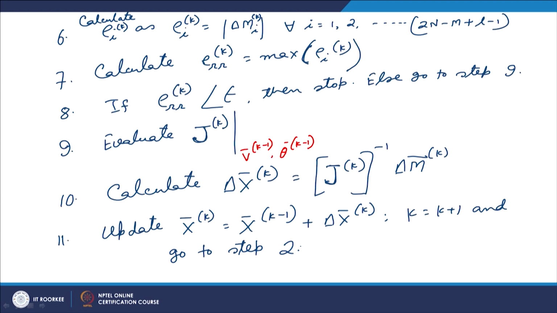It is a very simple algorithm, not really complicated. The only thing is that at each iteration, at the initial stage, we first calculate how many reactive power violations have taken place. Accordingly, we update the unknown vector delta x, the mismatch vector delta m, and the Jacobian matrix, and change their dimensions suitably.